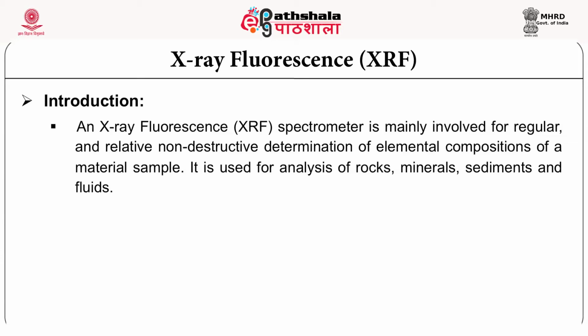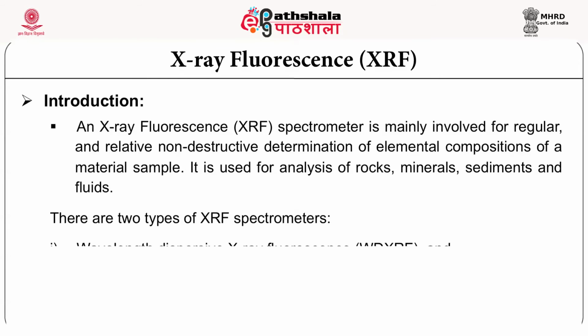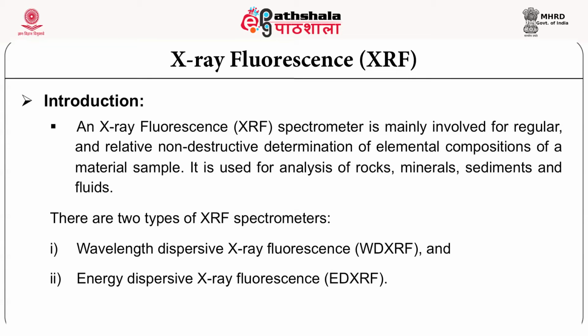It is used for analysis of rocks, minerals, sediments and fluids. There are two types of XRF spectrometers: one is WD-XRF, that is wavelength dispersive X-ray fluorescence, and the second is ED-XRF, which is energy dispersive X-ray fluorescence.